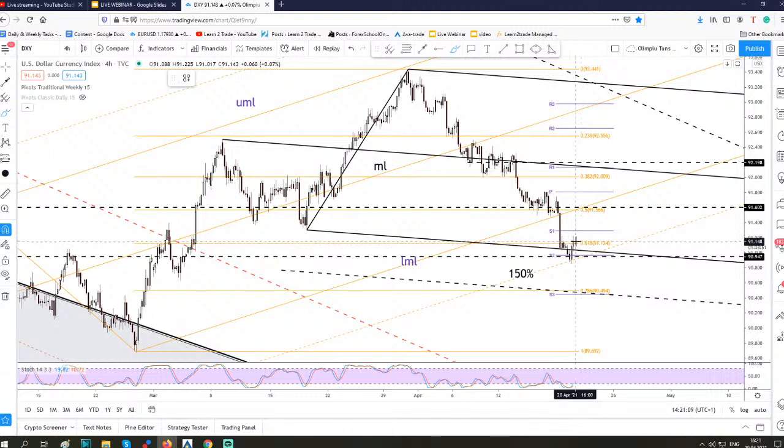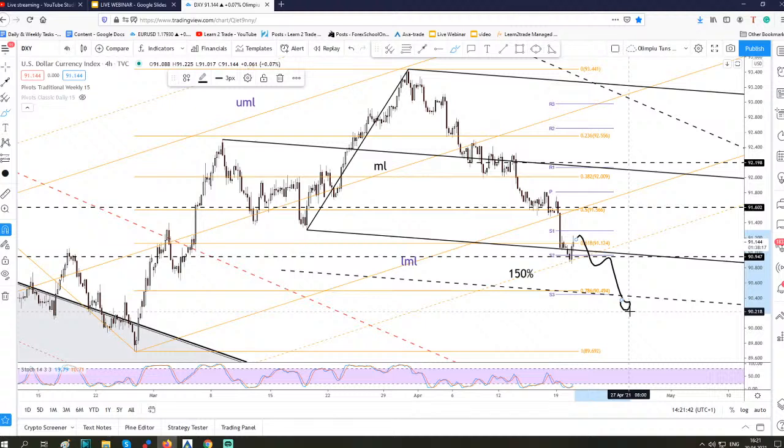Okay, so if the DXY will register here only a temporary drop, and then maybe it will retest this support, this former support, and if it will drop right below the S2 weekly support, right below 90.94, below the lower medium line, below the 150%, if it will retest these levels, then it could continue to drop, okay, towards S3, towards 78.6, towards this 150% Fibonacci line.